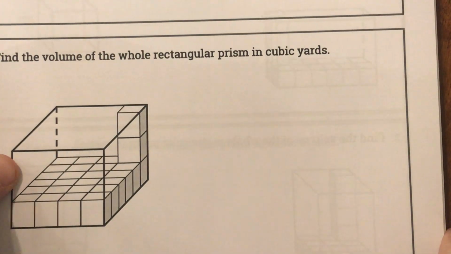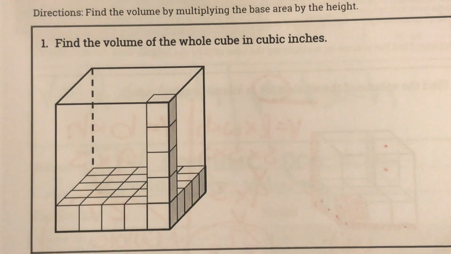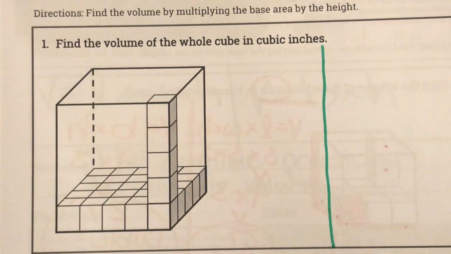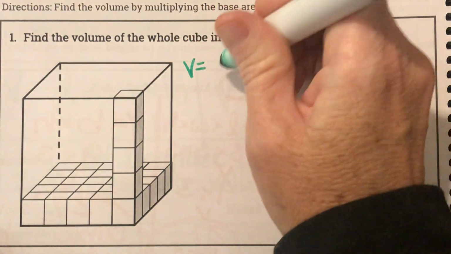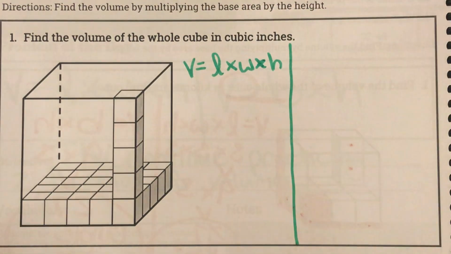Okay, please turn your book to page 38 and let's try two of these together. We are going to try our two formulas, so get ready to split your page in half. And our first one is volume equals length times width times height.